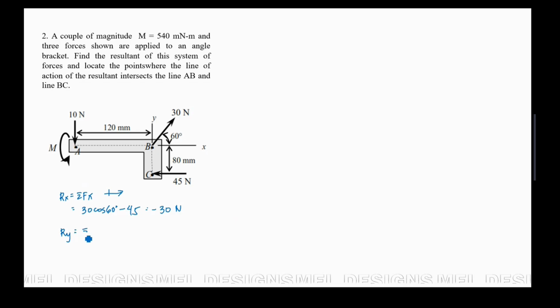So Ry is the summation of forces along the y-axis, upward positive. So we have here negative 10 plus 30 sine 60. That's it. So we have 15.981 Newton. Okay.